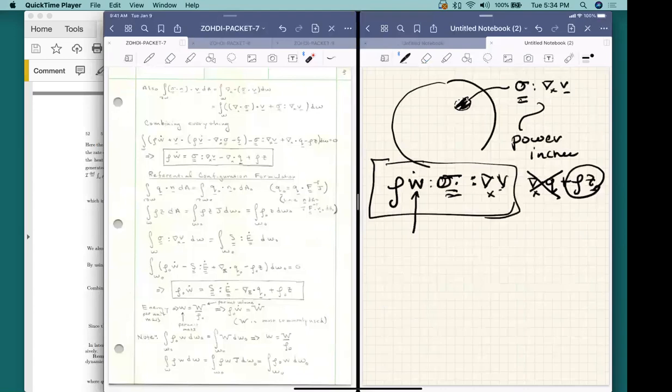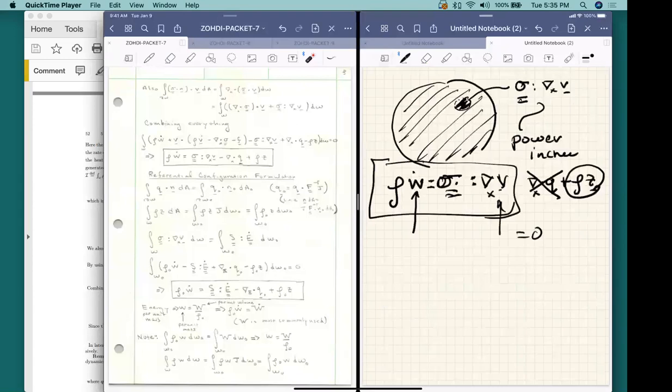Now, the implication there is pretty weird. What that really tells us is that if the velocity is uniform, if this was one entire big object with a uniform velocity, this term here would be equal to 0. So if I take this object and I just move it around rigidly all over the place, it's not going to get hot.